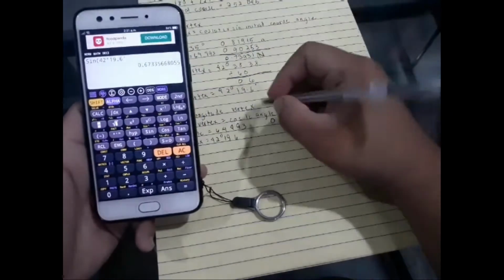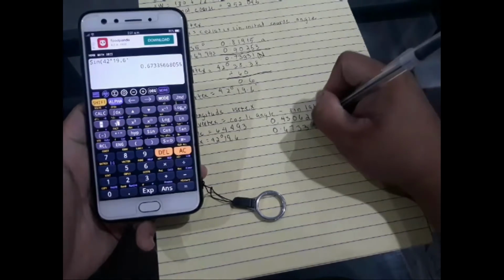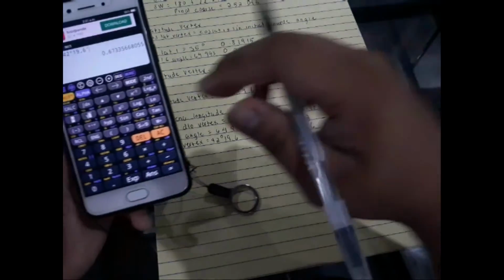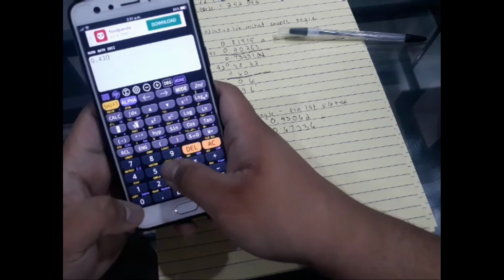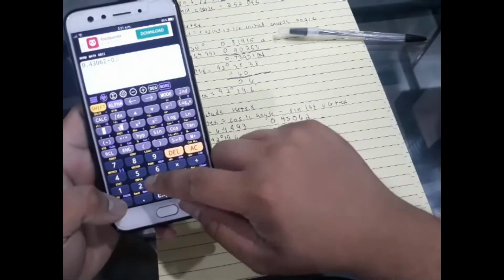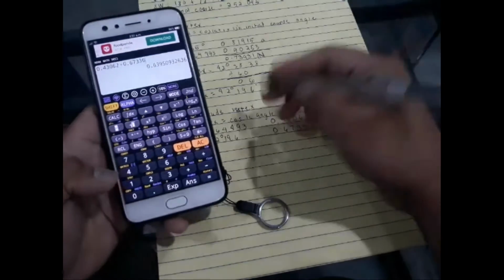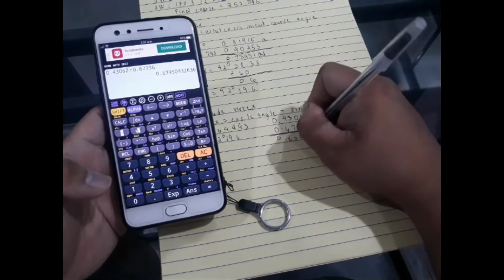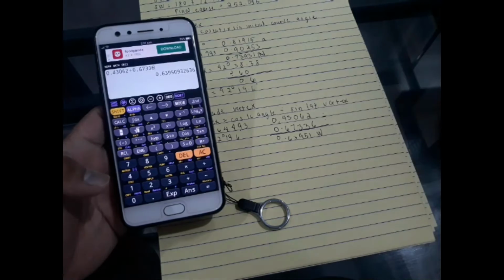It's gonna be 0.67336, of course rounded off, so we're gonna divide these two. There you go. So 0.43062 divided by 0.67336, the answer will be 0.63951 west.